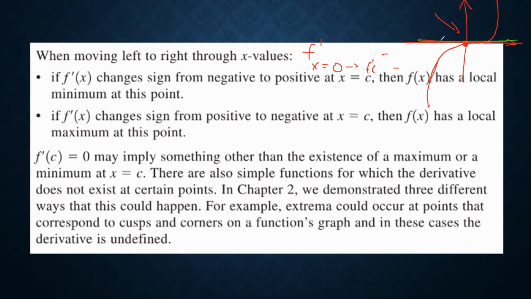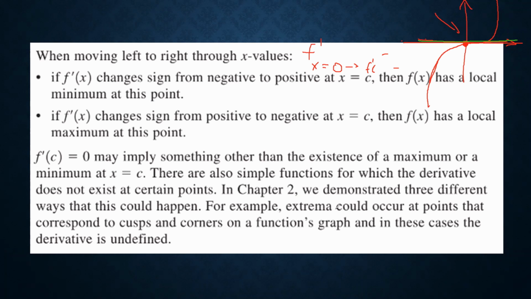If we don't see this change in the sign of the derivative before and after this point, it means we don't have a local minima or local maxima, but rather a critical point.